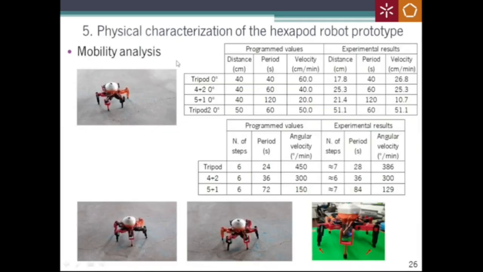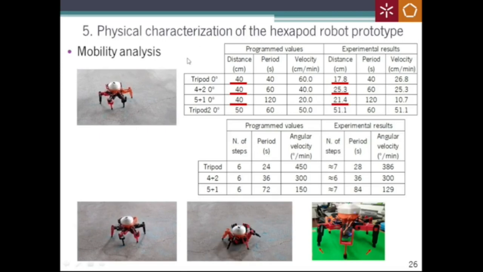Mobility tests were performed for both translation and rotation, with significant deviations being obtained, especially in translation, with experimental values corresponding to half of those programmed.